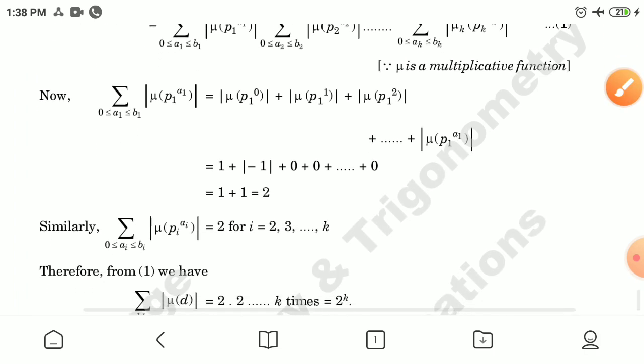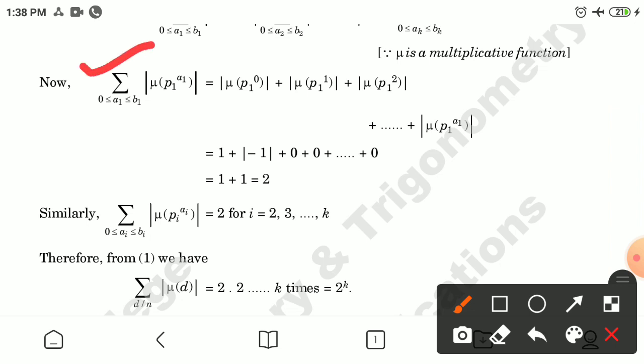Now the summation of mod of μ(p1^a1), a1 between 0 and b1, is written as mod μ(p1^0) plus mod μ(p1^1) plus mod μ(p1 square) and so on, plus mod μ(p1^a1). The first term gives value 1, the second term gives mod of -1, and the third and other terms give 0. Therefore the total value is 2.